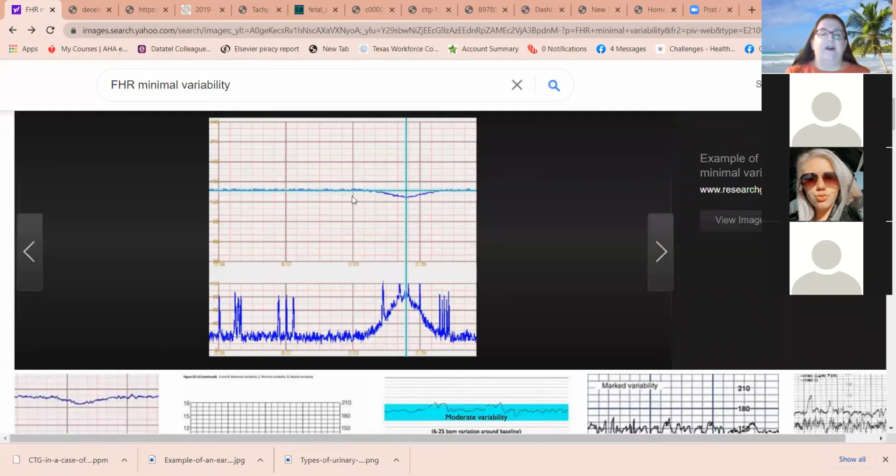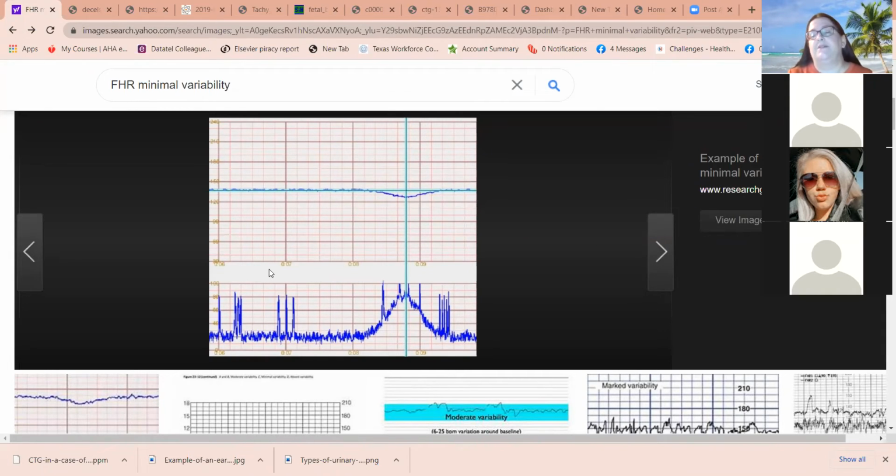Okay, you guys have this. So this is an early decel, and we know that because when the contraction is over, the decel has completely recovered. Okay, so this is minimal to absent variability, no accels, there is an early decel.